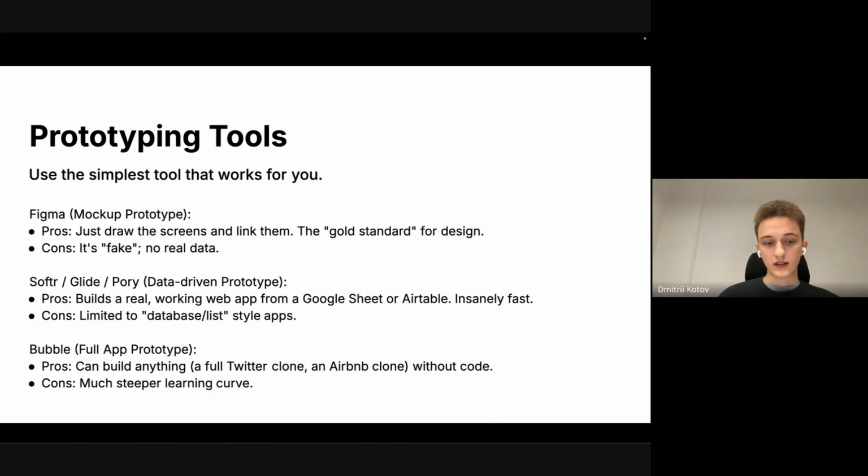Then we have data-driven prototypes that already can do some real work, but they are limited in their capabilities, and for some bigger solution, you will need to build a full app, and there are some tools for doing it as well, for example, Bubble.